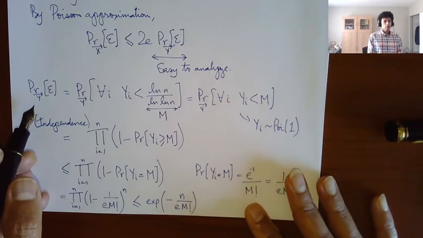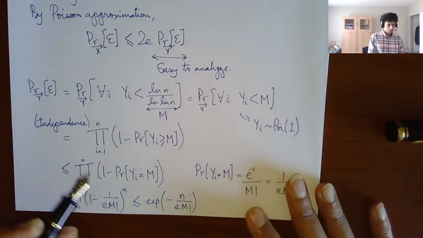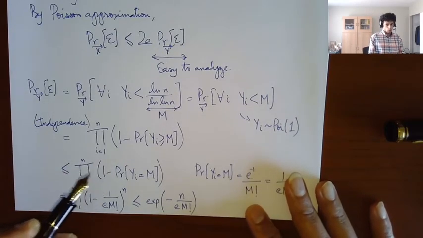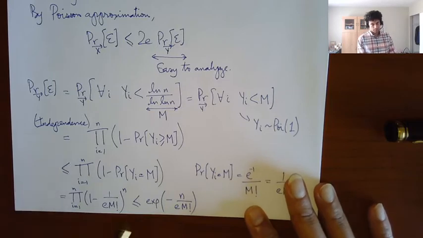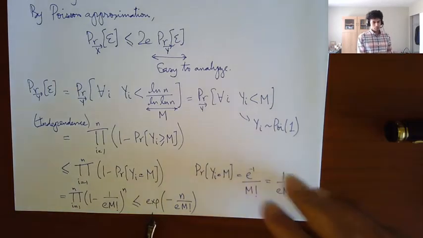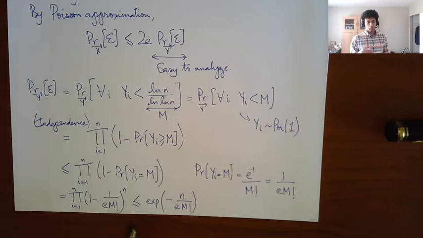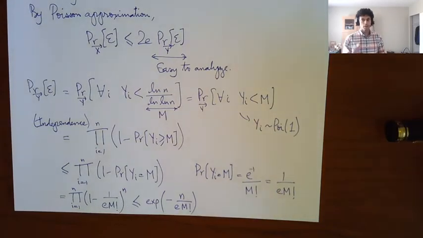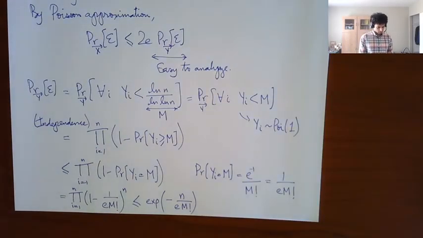We're saying the probability that the maximum load is at most M is at most exponential in minus n divided by e M factorial. So of course, as M decreases, the probability is going to decrease as well. So this is the expression.